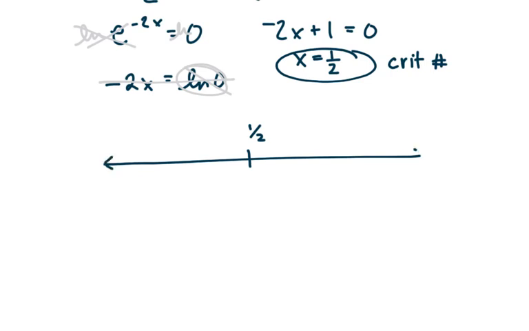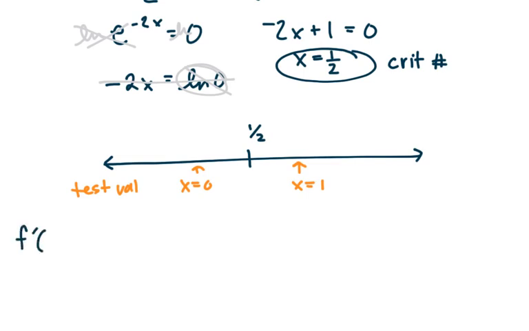So we only have the 1/2 to consider, and we choose a number on either side of 1/2 to test. We can choose any number we want. I'm going to try and choose the easiest numbers, x equals 0 and x equals 1. Those are my test values. And I want to test them in the first derivative.